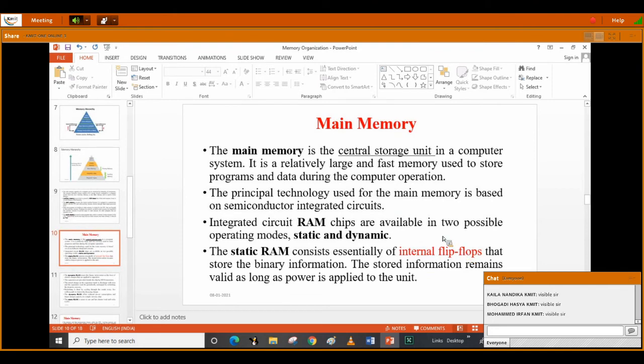Everyone listen carefully. What is the main memory? The main memory is a central storage unit in a computer system.